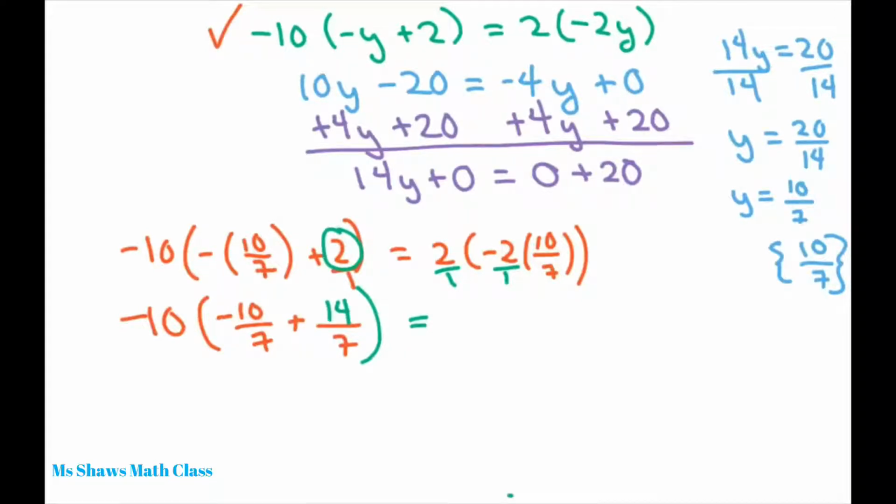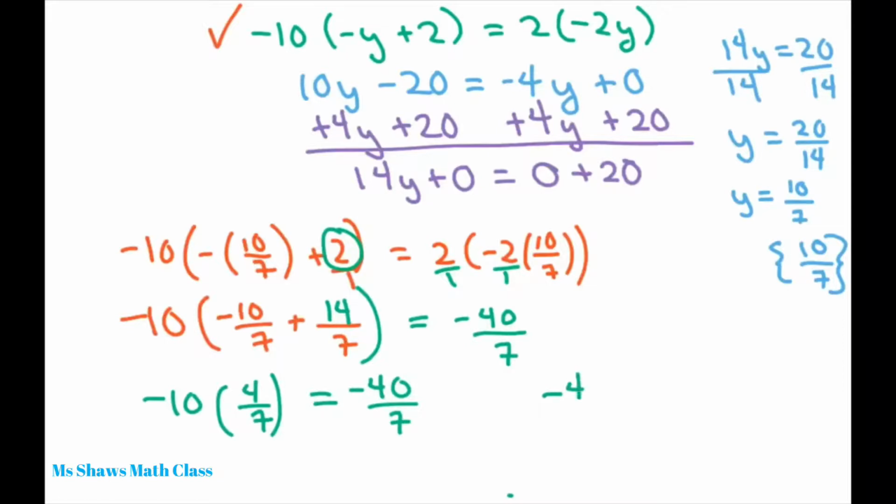So we're going to have negative 4 times 10 is negative 40, divided by 7. So I just multiplied everything through. And on this side, we're going to get negative 10 sevenths plus 14 sevenths is 4 sevenths. So we're going to get negative 40 divided by 7 equals negative 40 divided by 7.